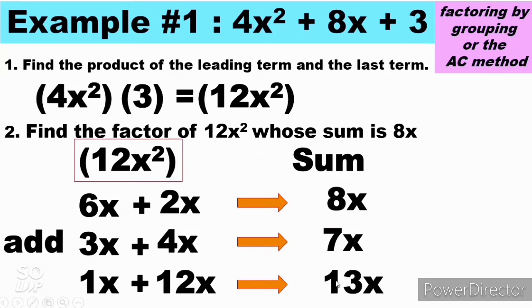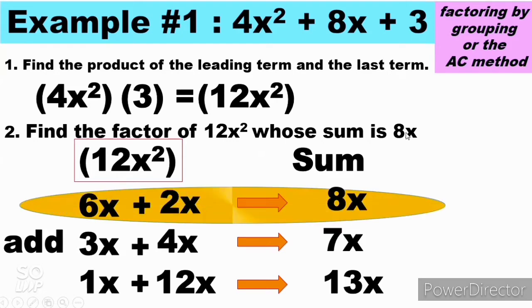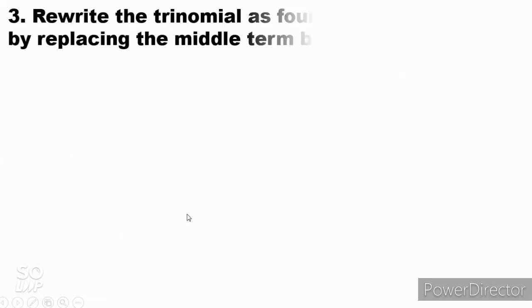Therefore, since meron tayong nakuhang sum, which is 8x, yung nasa middle term ng trinomial natin, yung 6x at saka 2x ang gagamitin nating factor. Since ang factor natin ay 6x times 2x, pag pinag-add natin, it is equal to 8x.